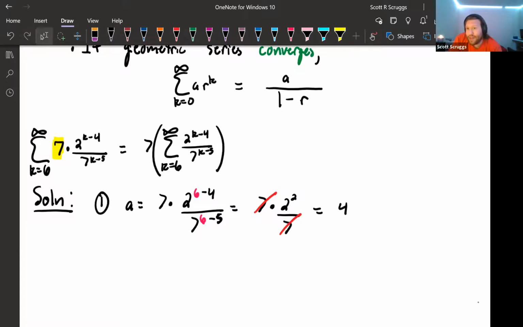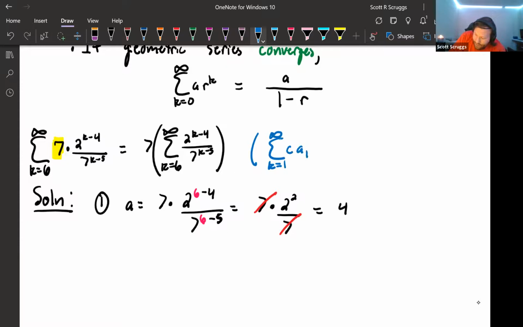You can also leave that 7 in the series and incorporate it in your common factor A as well. Either way, it would be correct at the end. Either or. Okay. So I should have stated that.